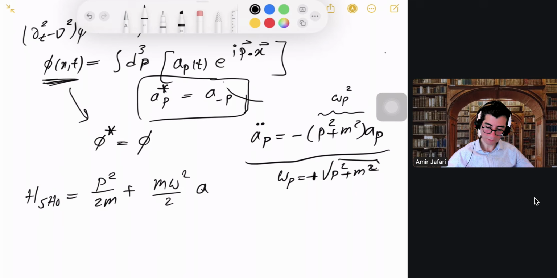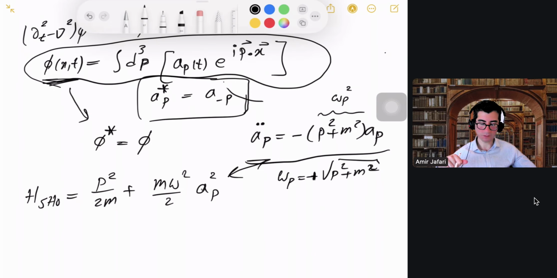So you can write this Hamiltonian for this simple harmonic oscillator, and from there you can use similar expressions to promote this phi to a quantum field.